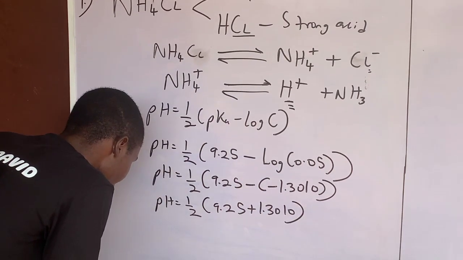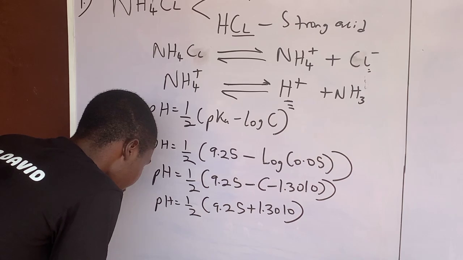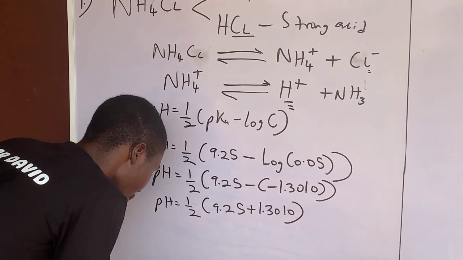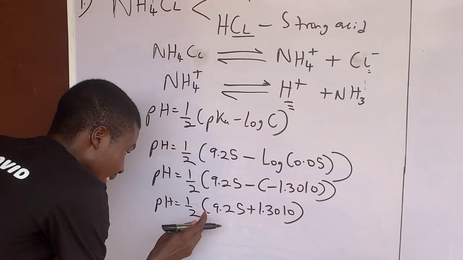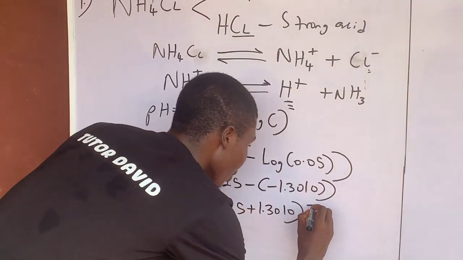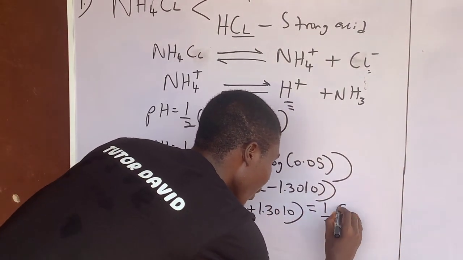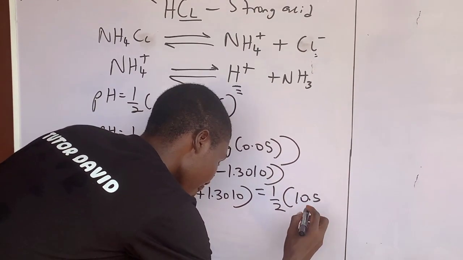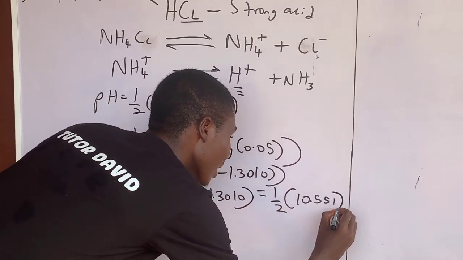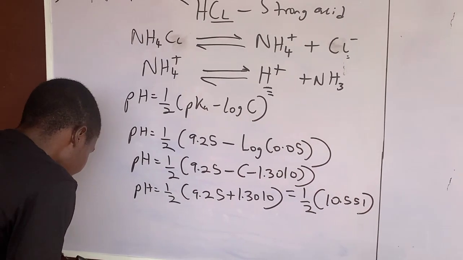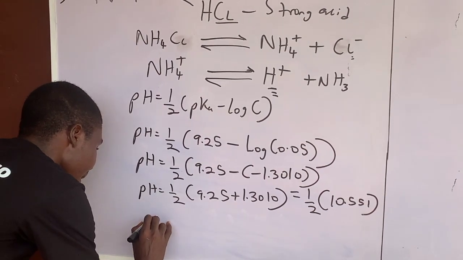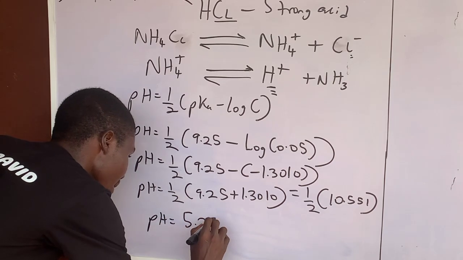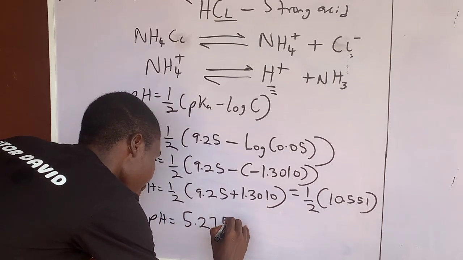If we do 9.25 plus 1.3010, we have 10.551, and then we divide by 2. Our pH is then equal to 5.2755.